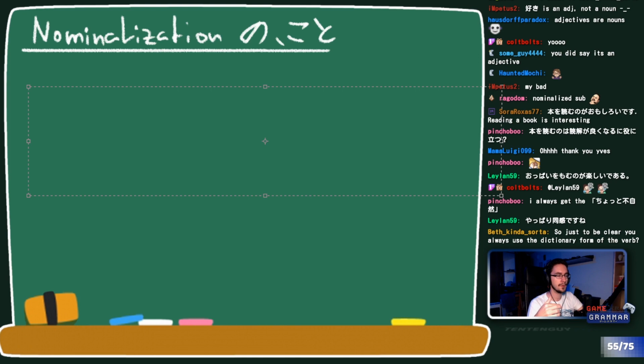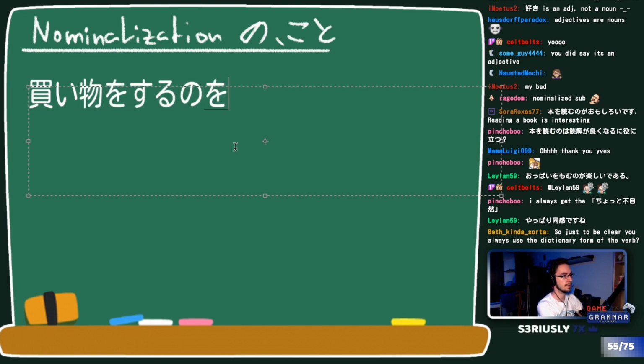So for example, even if you wanted to say a past tense sentence, let me make an example for something that would be past tense, right? I'll do 買い物をするの忘れました, right?